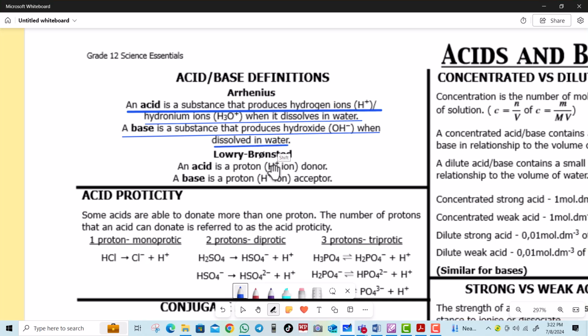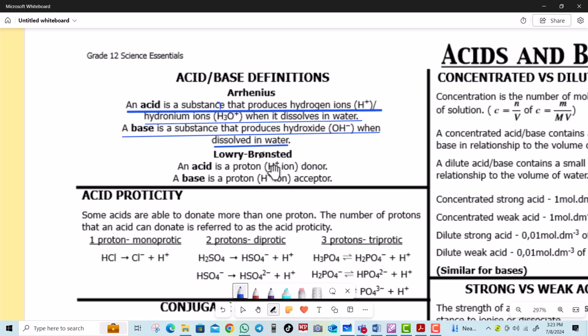Meaning that according to Arrhenius, only those bases with the OH were called bases. Because of that, the definition could not cater for all the bases in the world, and therefore we got a better definition from Bronsted and Lowry. These were two people who came up with a better definition, which we call the Bronsted-Lowry theory.